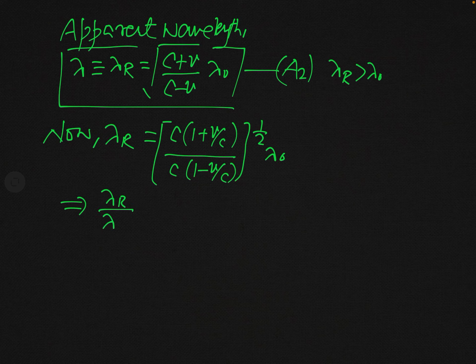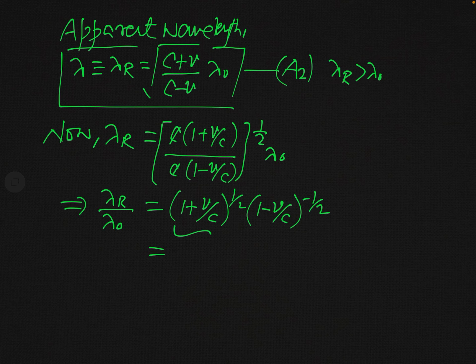And again you can see this lambda r over lambda naught will be equal to, here c and c will cancel out, and you should write it as 1 plus v over c to the power half into 1 minus v over c to the power minus half.